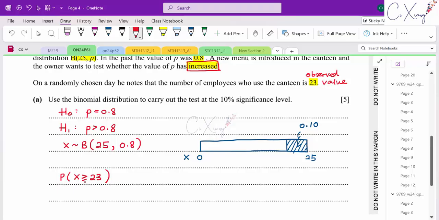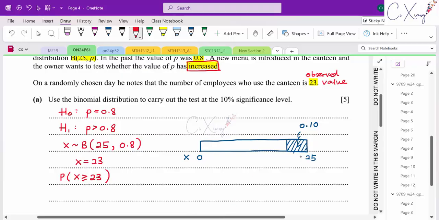There are some questions that you will be frequently asked: why must it be greater than or equal to 23? Can I use x equals 23 or not? The reason for using x greater than or equal to 23 is that I want to know the whole area above this value 23. Is it larger than the rejection region or smaller than the rejection region?